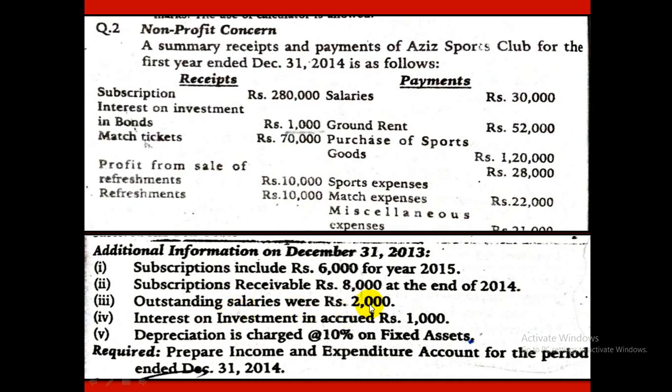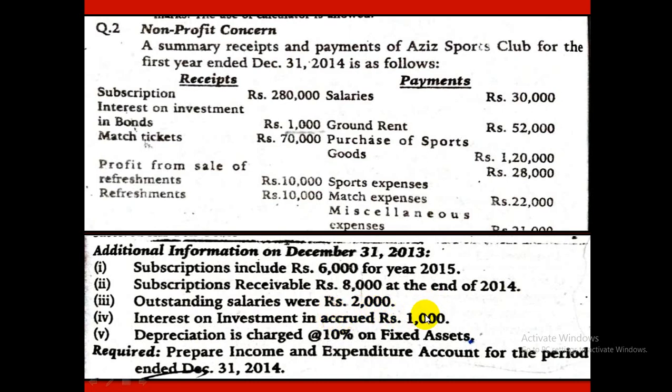Outstanding salaries are 2,000. We had paid these salaries, but these 2,000 are still unpaid, or you can say it's still an outstanding salaries expense of Aziz Sports Club. Interest on investment is accrued. This interest is still receivable. If the word accrued is with income, it means it is receivable. If the word accrued is written with any expense, it means it is still payable.